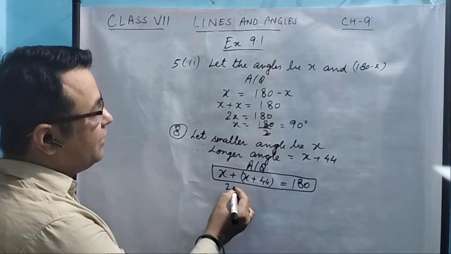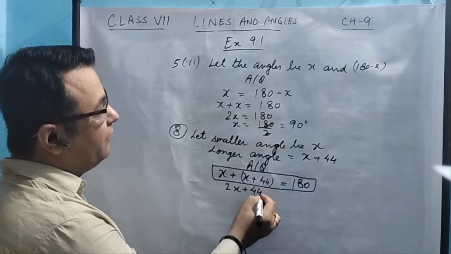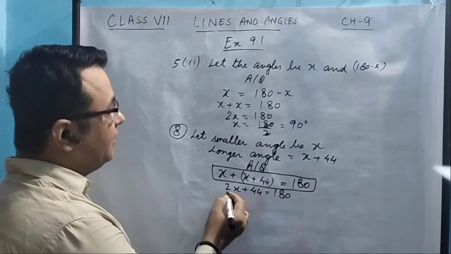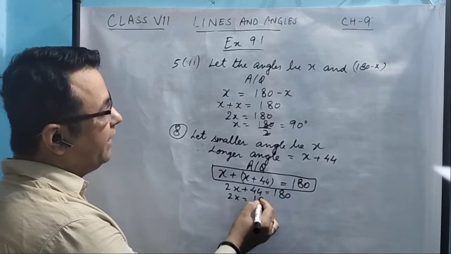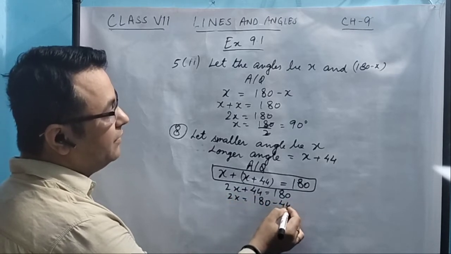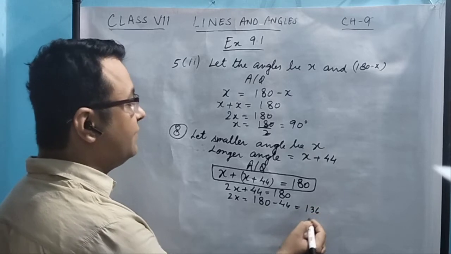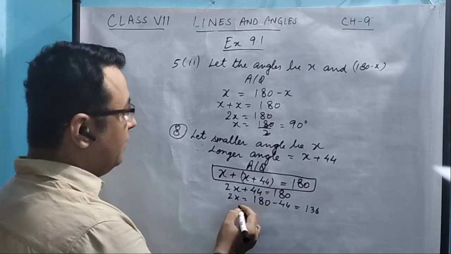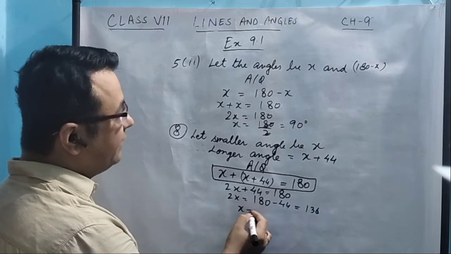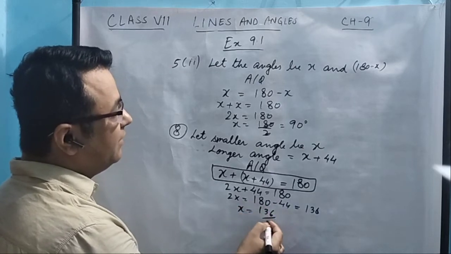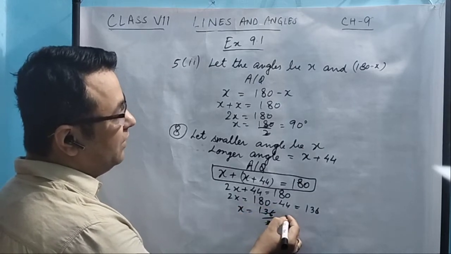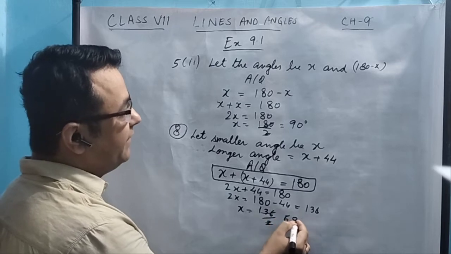Let us solve this equation. 2x plus 44 is equal to 180. From here 2x will be equal to 180 minus 44, which is how much? 136. So 2x is equal to 136. So x will be equal to how much? 136 upon 2, which is 68 degree.